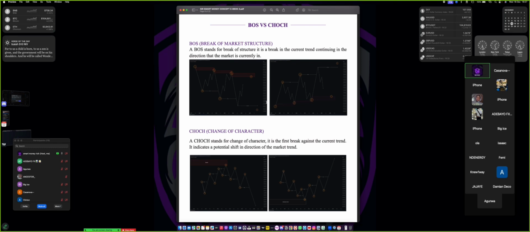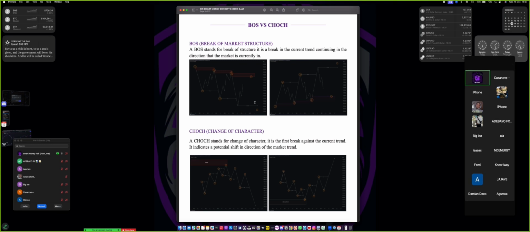I will teach you how to identify these breaks of structure, the time frame to identify them, and the time frame to look out for a change of character as well. A break of structure anticipates the continuation of the market direction, or it tells you the direction that the market is currently trading in.